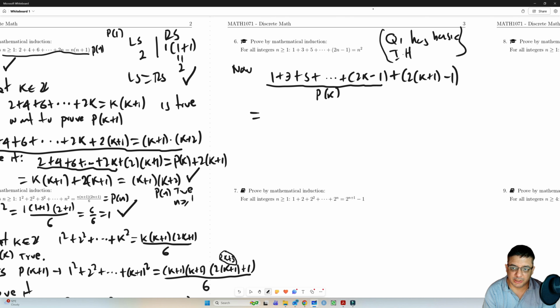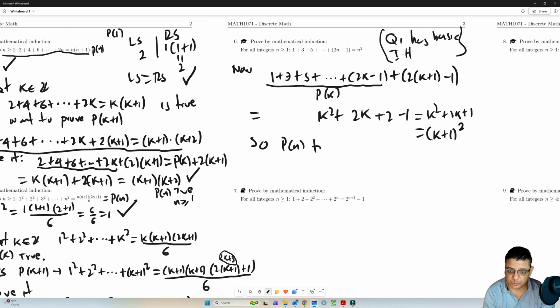And so this is going to be equal to just k squared plus this piece, which I can see as 2k plus 2 minus 1. So I can see it as k squared plus 2k plus 1. Which if I factor this out, this is just (k plus 1) squared. So now notice that I just showed that for the k plus 1 step, this holds. So P of n is true for n bigger than 1.